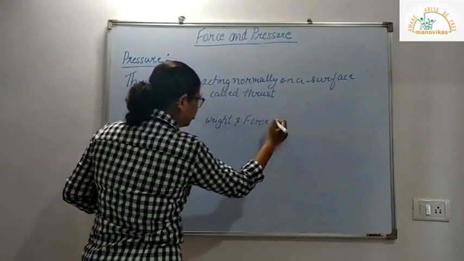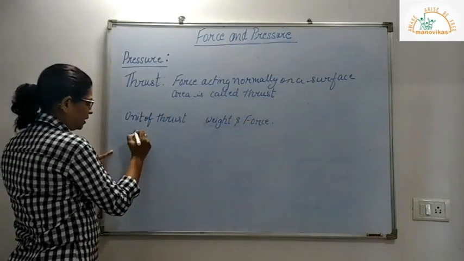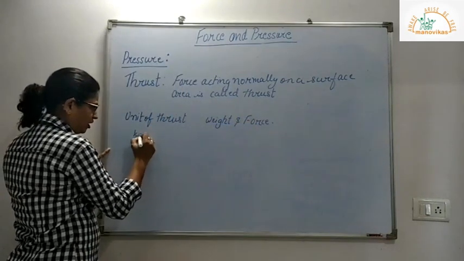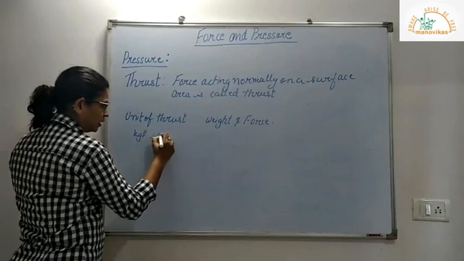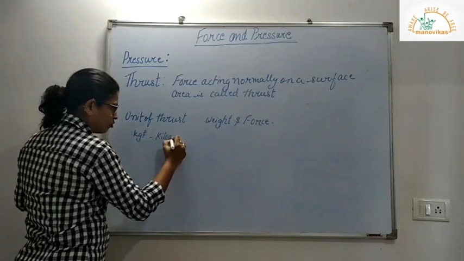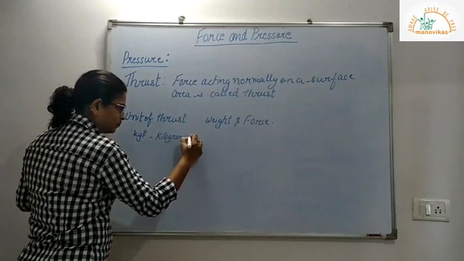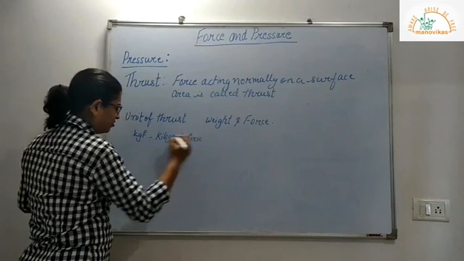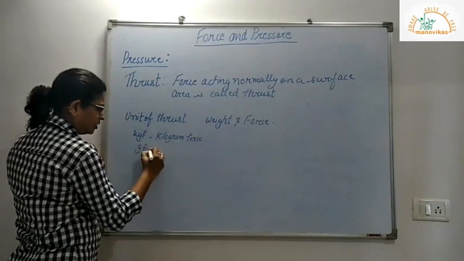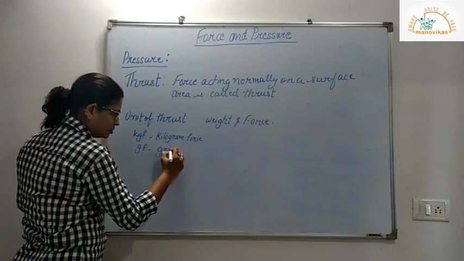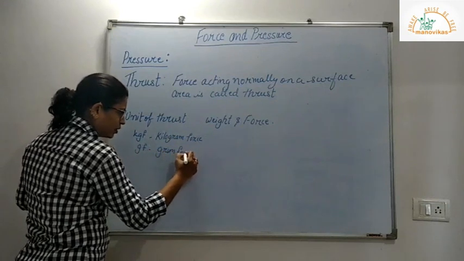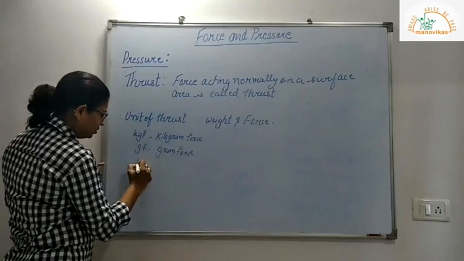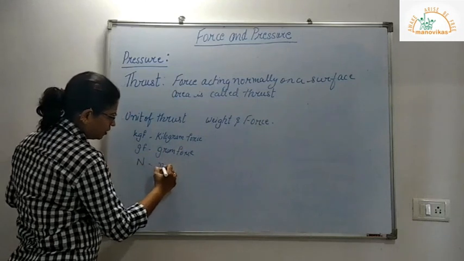So the unit of thrust is kgf, that is kilogram force, then gf, that is gram force, and Newton, N.